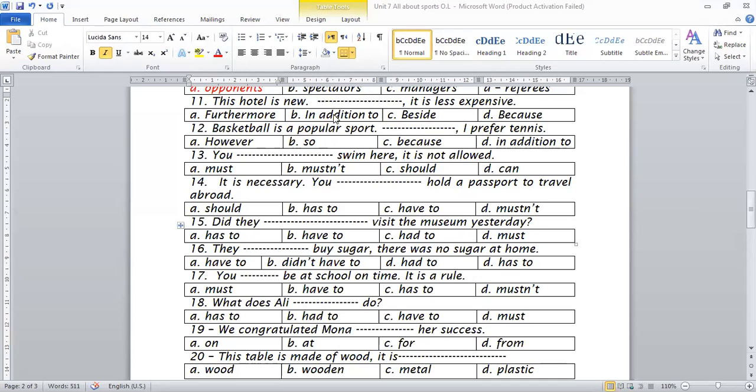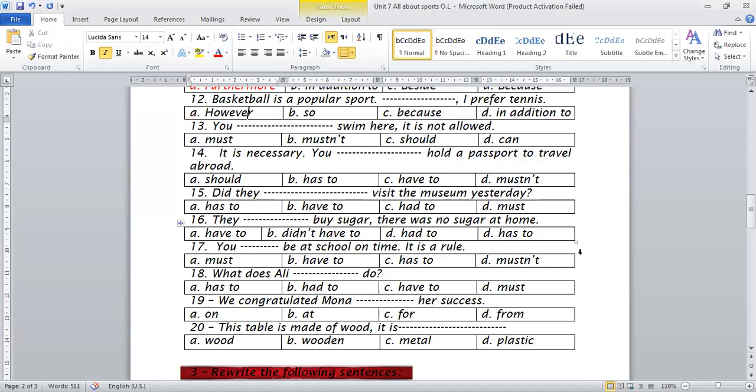It's okay. Here you can use it in order to give a reason, but we don't give a reason here. It's just adding information. This hotel is new. I'm giving you extra information. So we'll use furthermore here. We studied it before, by the way. This is called furthermore. Thank you.